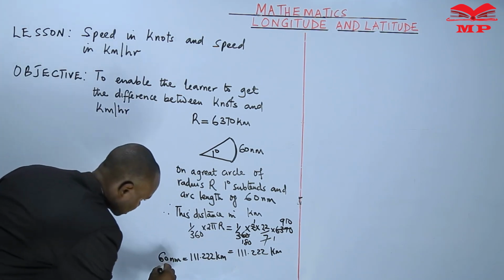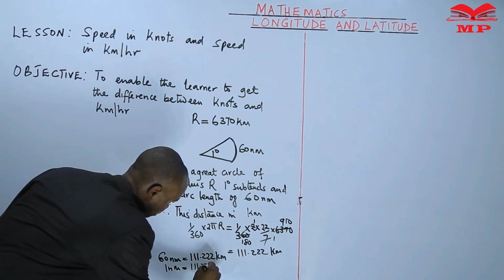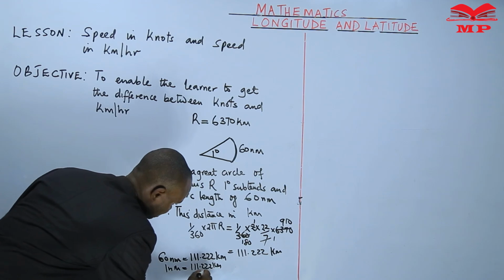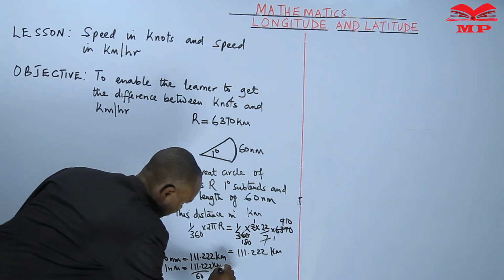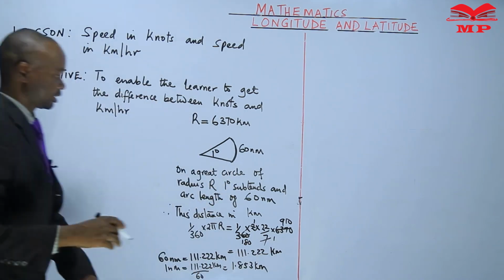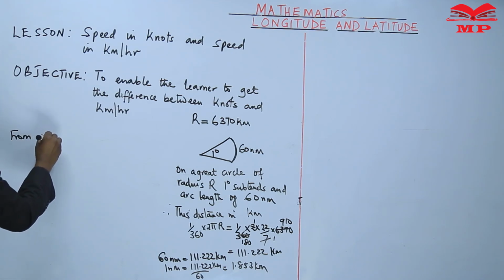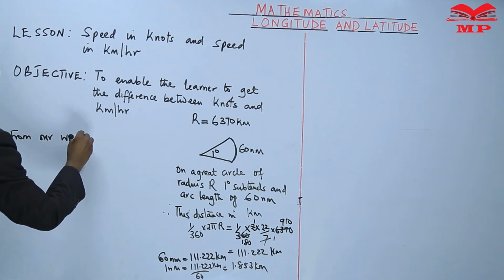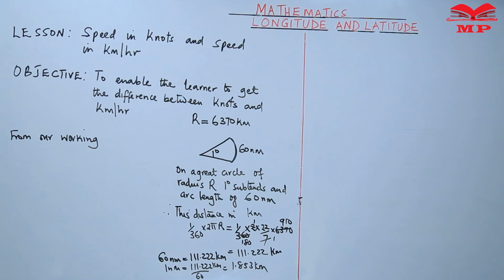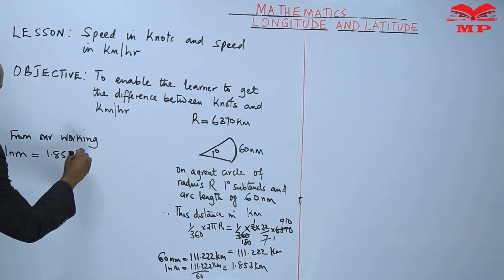It will mean 1 nautical mile is 111.22 kilometers divided by 60, which gives 1.853 kilometers. So from our working, 1 nautical mile, Lana, is 1.853 kilometers.